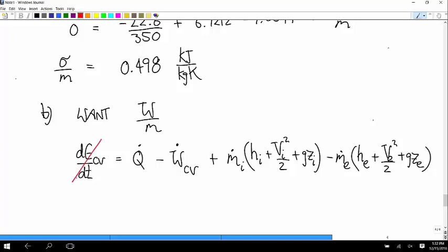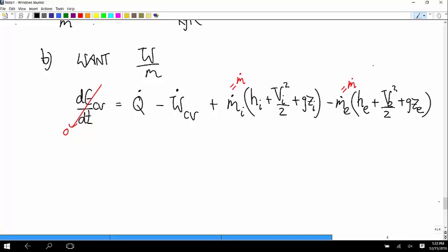It's steady state, so this goes away. These are both just equal to m dot. And again, we can pass over the rate versus some finite time interval thing. And we get 0 is equal to, I'll write it as Q over m minus W_CV over m.